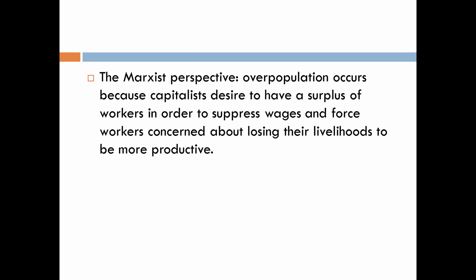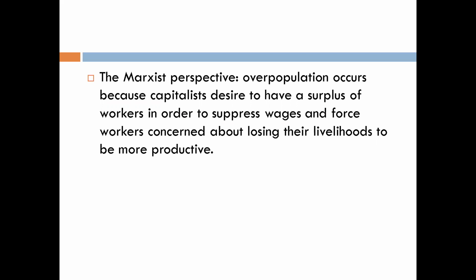Overpopulation occurs because capitalists desire to have a surplus of workers. Why? In order to suppress wages and force workers, concerned about losing their livelihood, to be more productive. We have a lot of extra workforce, a lot of good chances as the owners of the means of production. We can say, yes, we will give you some jobs, but with lower wages.